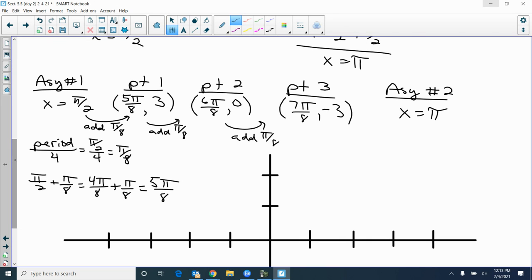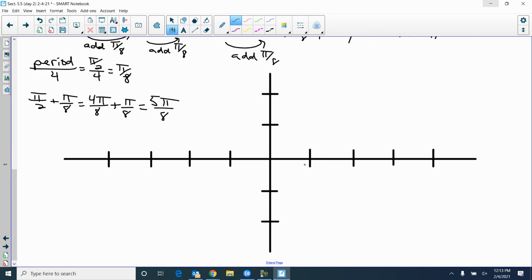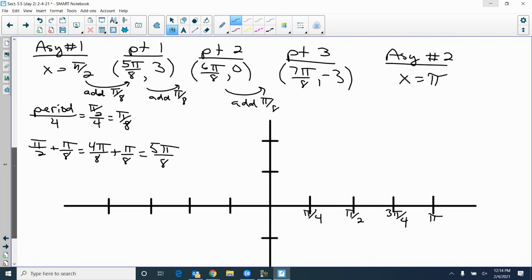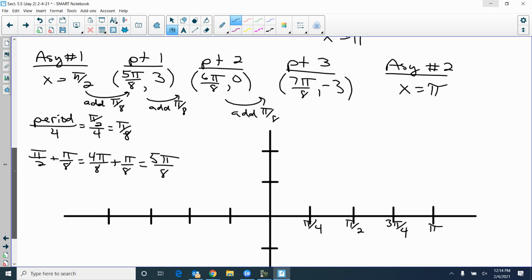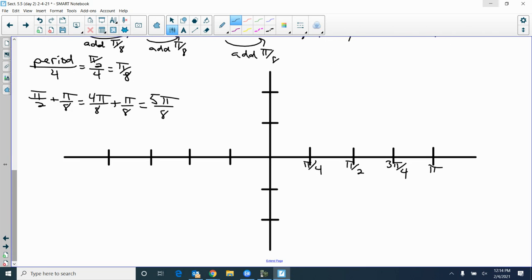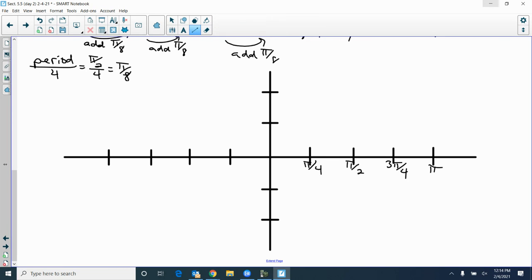And I think we can get away with going pi over 4. So I'd go pi over 4, 2 pi over 4, which is pi over 2, 3 pi over 4, and then this will be pi. So pi over 2 and pi are my asymptotes.